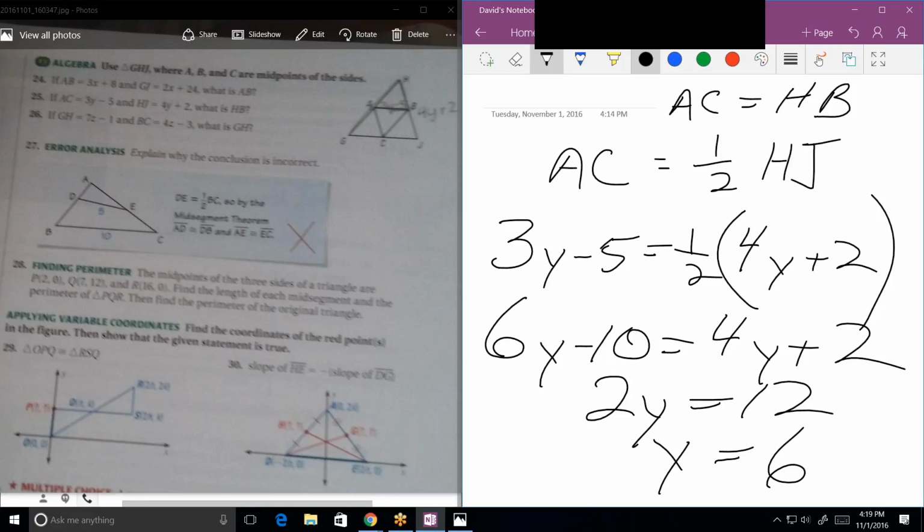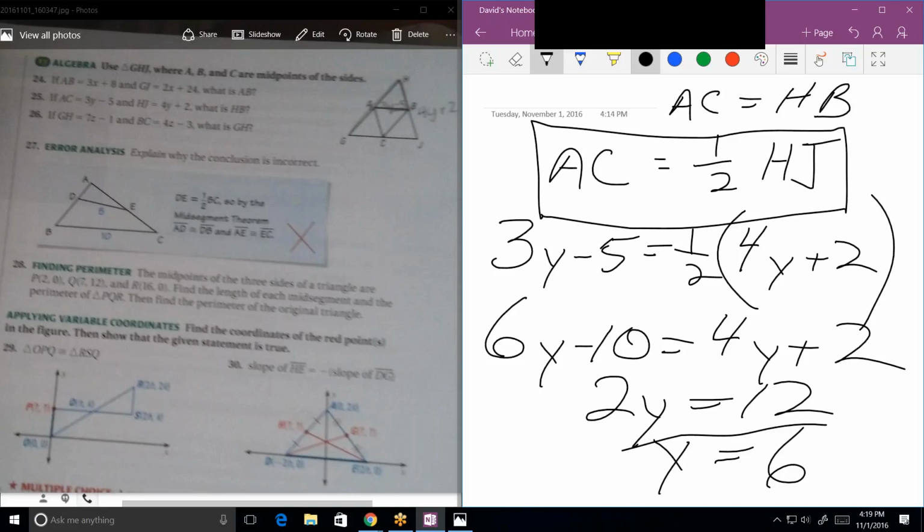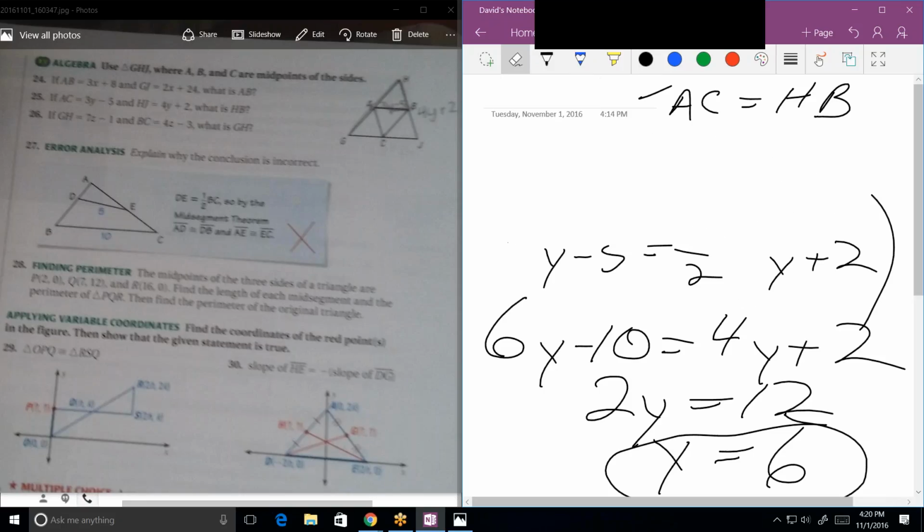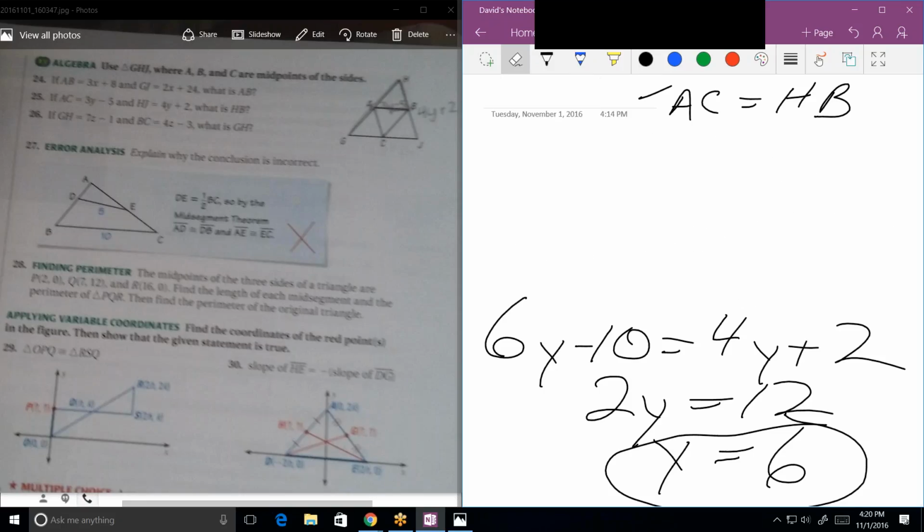In other words, I need to go through this step such that I can solve for y. And then I need to know that AC is the same as HB. And so if AC comes out to be 13, then HB has to be 13. But I don't think you can solve the whole thing without that. In other words, if you start there, I don't believe you can solve it.